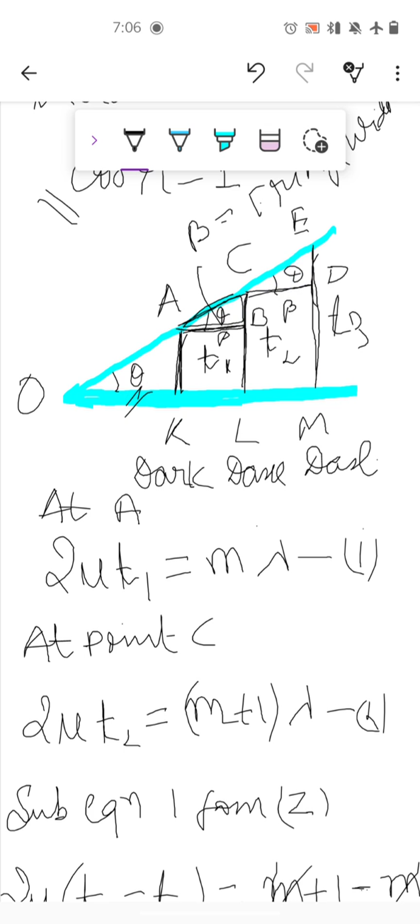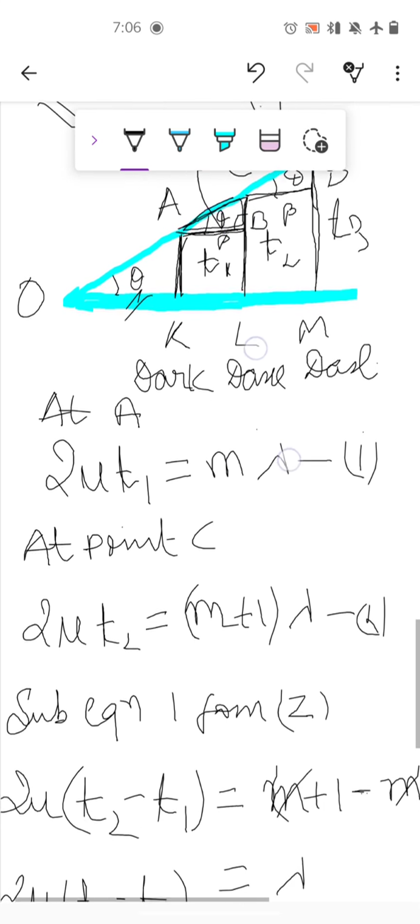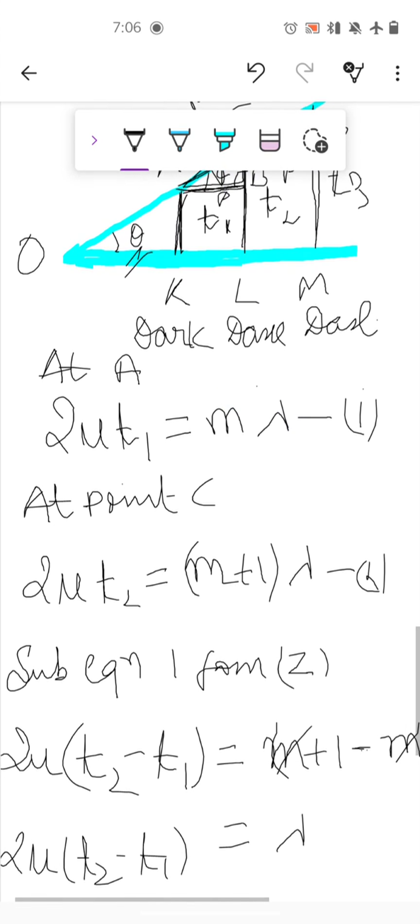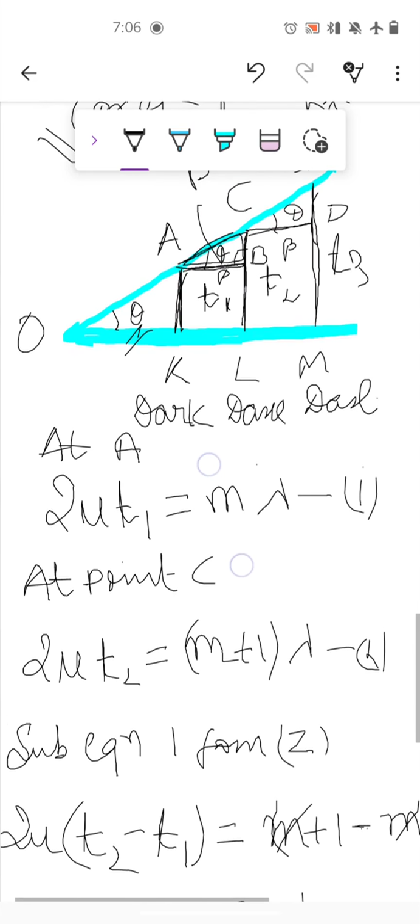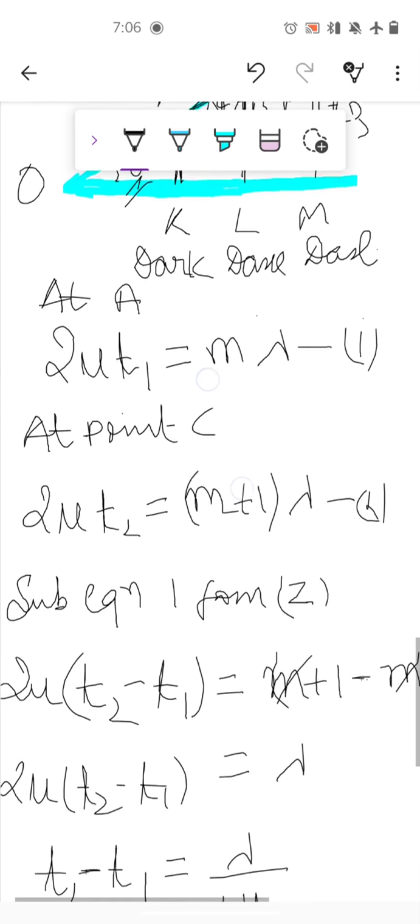All the angles will be theta because all these lines are perpendicular. So this angle is theta and both lines are perpendicular to each other, which makes a right angle triangle, and we can use the trigonometric values. So for BC we use tan theta.